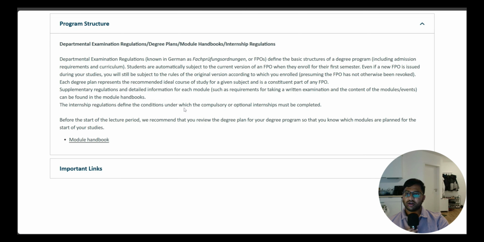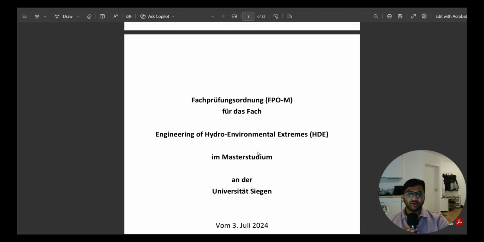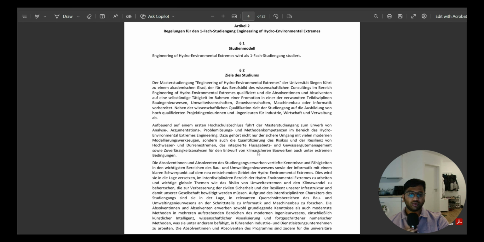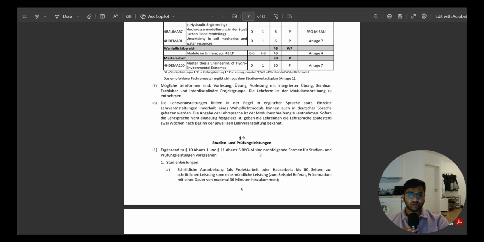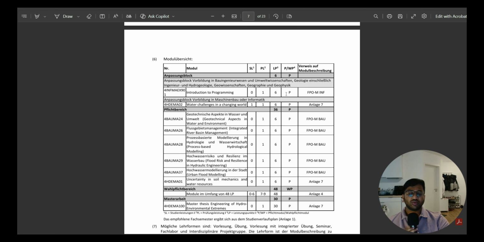Then the program structure. This is the module handbook, which will give you a complete overview of the course. I usually suggest everybody who wants to study this course to go through this particular module handbook, because here you will get the complete introduction and knowledge of the courses that you will be doing.